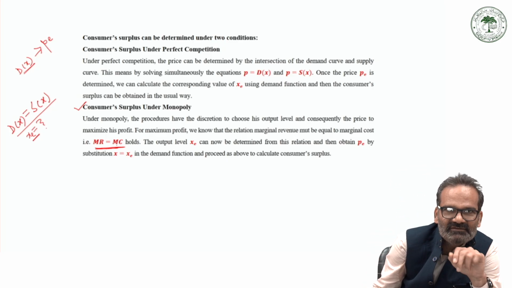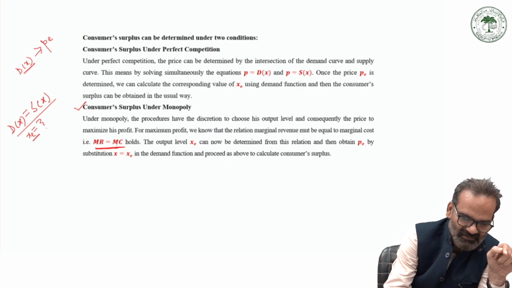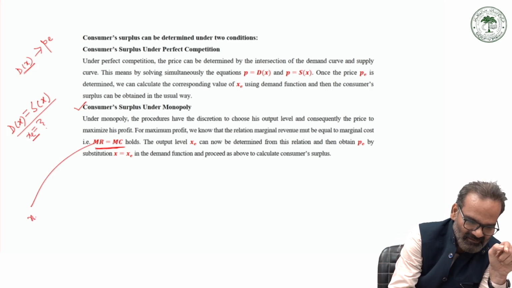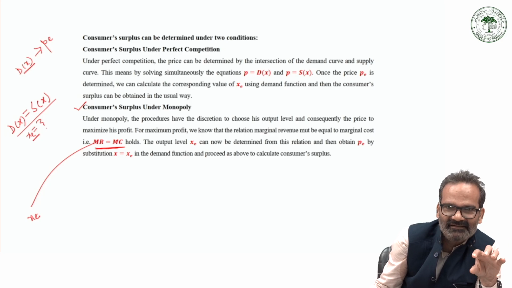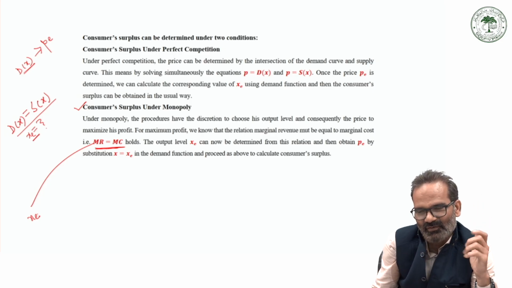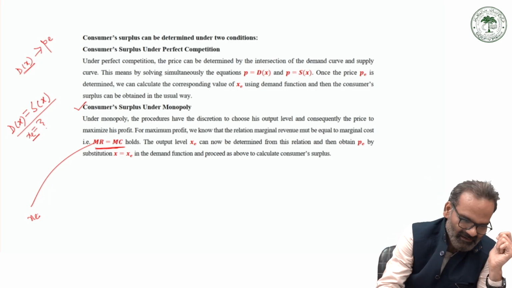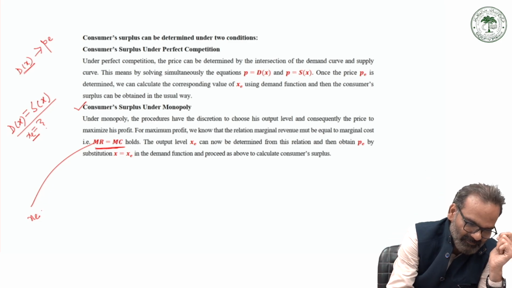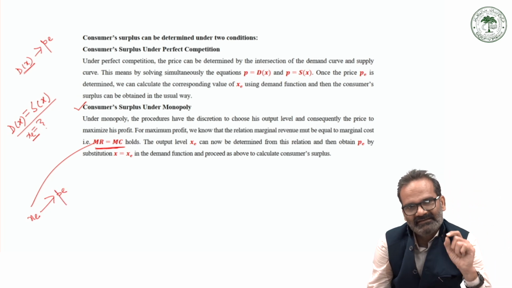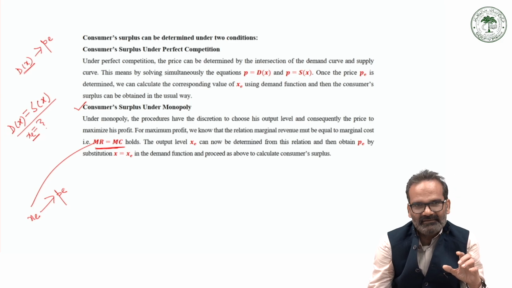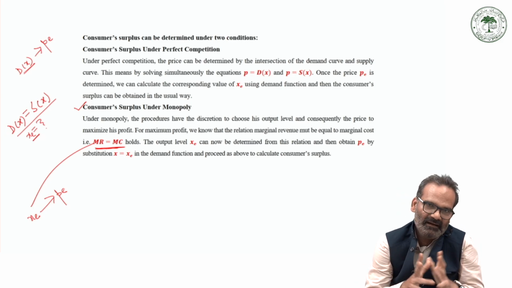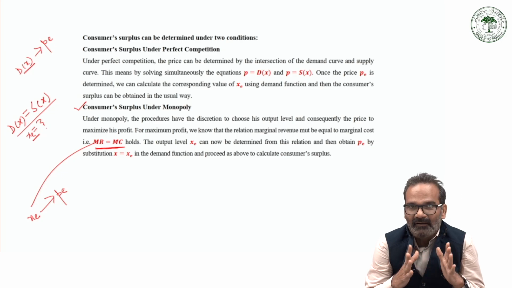When you solve these two equations, again you will get the value of xe, the quantity demanded in the market. And naturally, with the quantity demanded in the market, put the value of xe in the demand function, and you will get its respective price decided by the market. So this is how you can determine the consumer surplus under perfect competition as well as under monopoly.